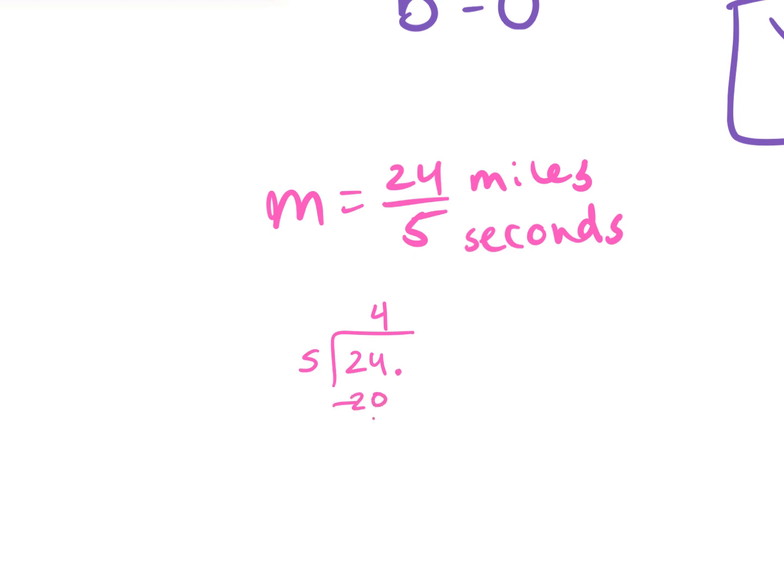We got 20, so 4 left over. I'm going to add a decimal and a 0. How many times does 5 go into 40? 8. So that means our asteroid is moving 4.8 what? Miles per second.